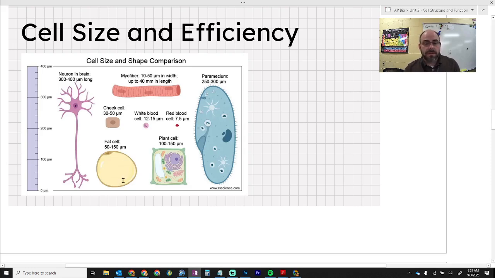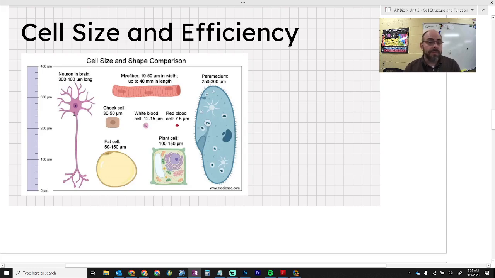Whereas a fat cell has very little surface area compared to its volume. And so a lot of this is going to have to do with the type of cell that is being used, right? A cheek cell is going to have a certain set of goals, versus a nerve cell, which has a much more complicated set of tasks that it's doing.